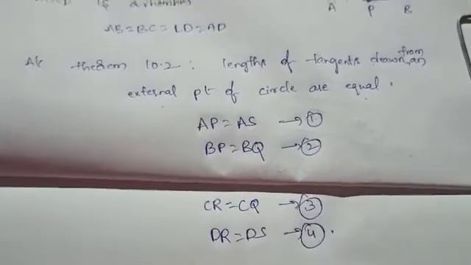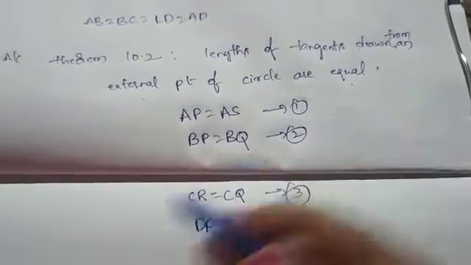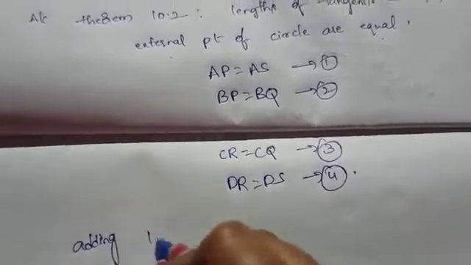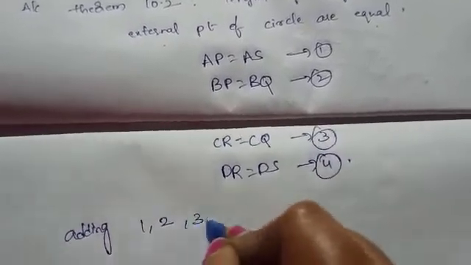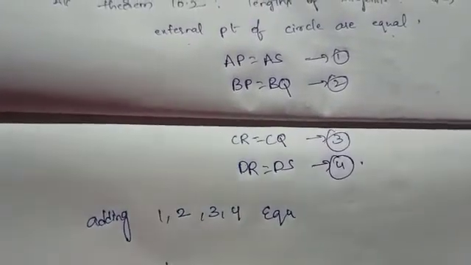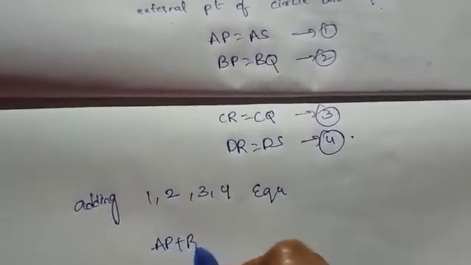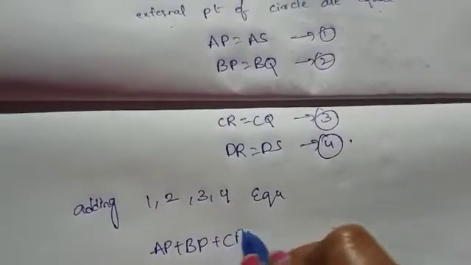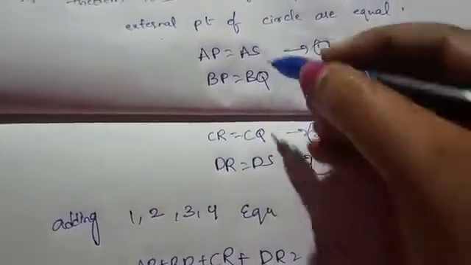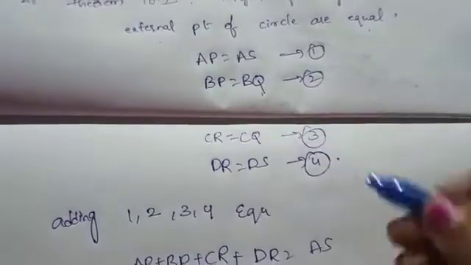Adding equations 1, 2, 3, 4: AP plus BP plus CR plus DR equal to AS plus BQ plus CQ plus DS.